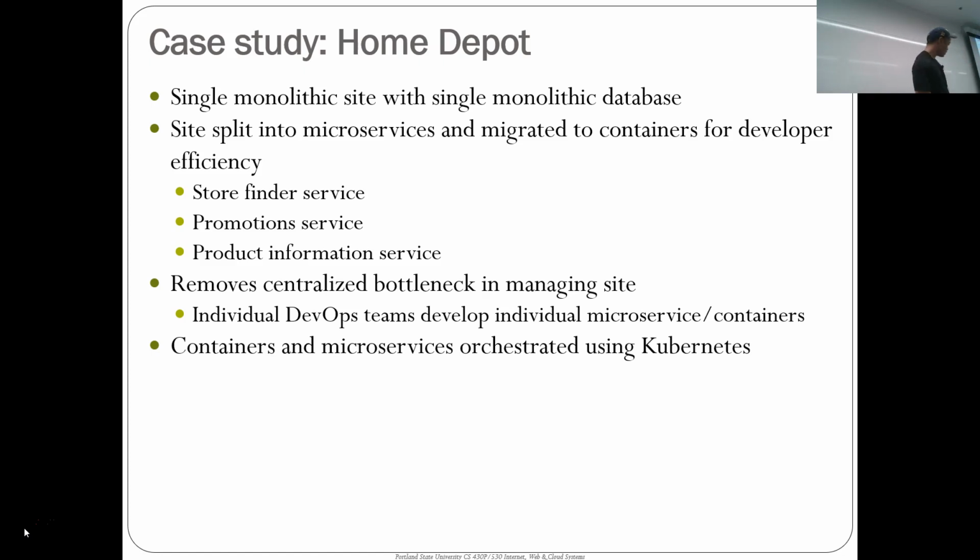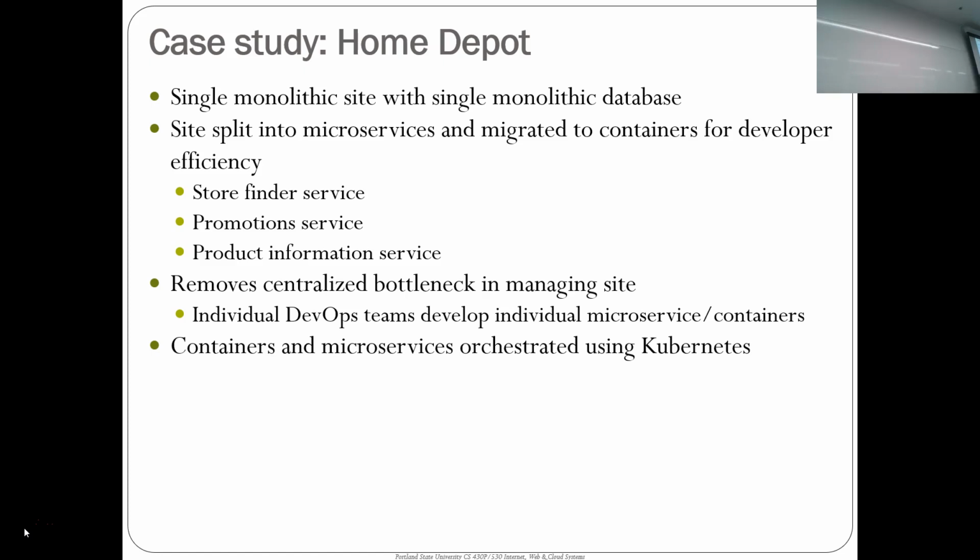And so you have things in Home Depot, and this is also a podcast that you can look up. They have a store finder, they have a coupon service, they have a product information catalog, they have their shopping cart stuff. They have all these different services, and what they ended up needing to do is get rid of this centralized bottleneck of having all of that go to a single web development site, a monolithic website.